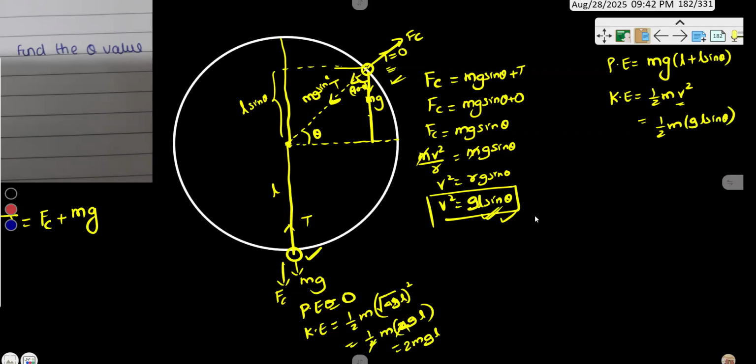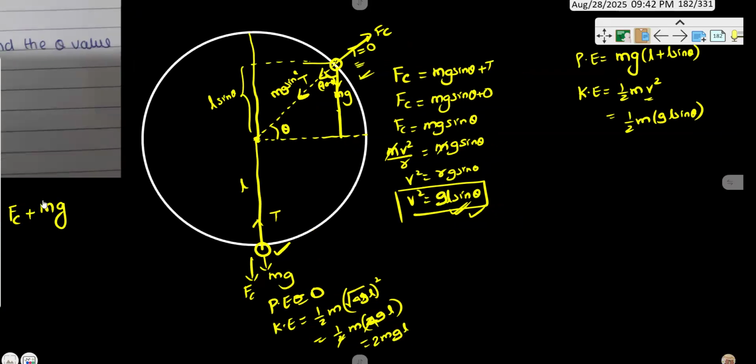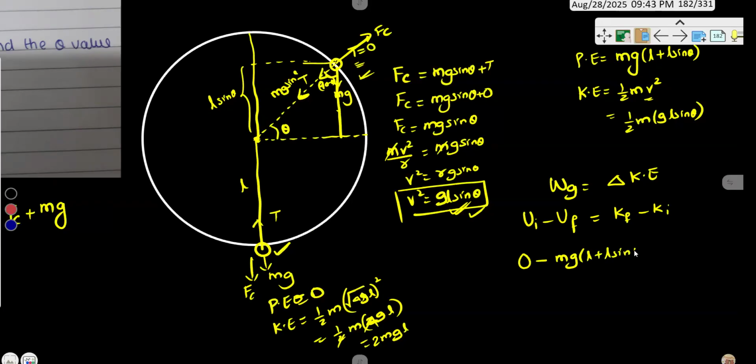Okay, now I'll apply the work energy theorem. Work done by gravity, which is initial potential energy minus final potential energy, is equal to change in kinetic energy, final kinetic energy minus initial kinetic energy. Initial potential energy is 0. Final potential energy is mg into L plus L sine theta.